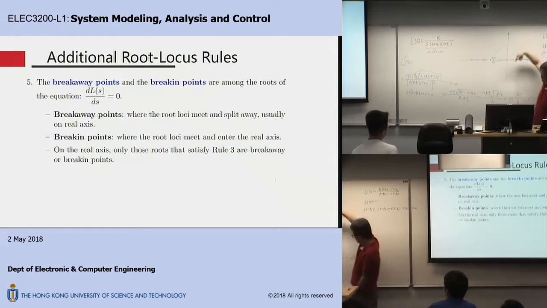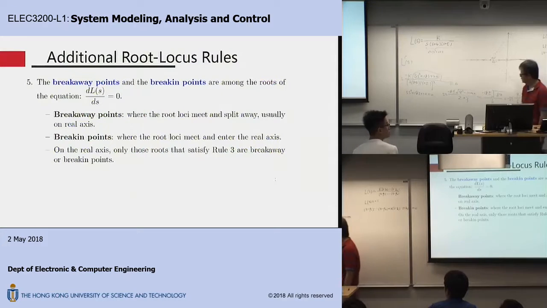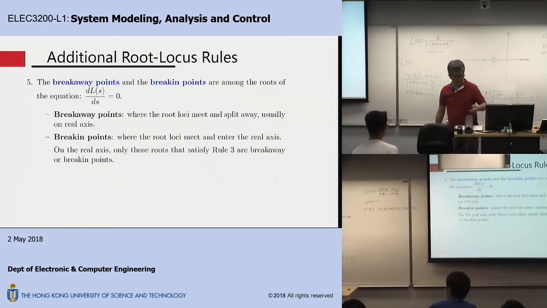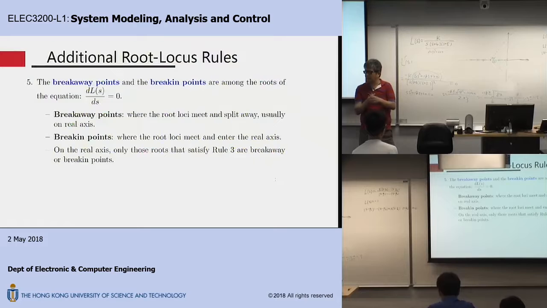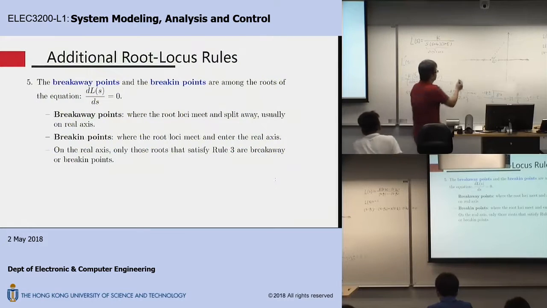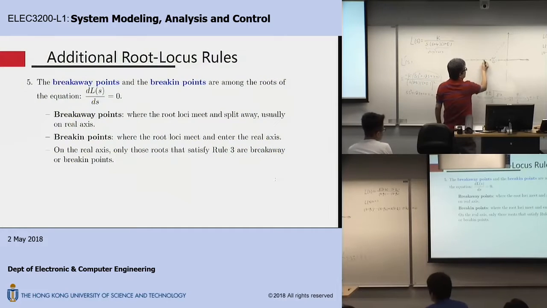One branch goes up, one branch goes down. So finally, I have a rough root locus. You never need to plot exactly. Nowadays, if you really want to plot this exactly, use MATLAB. MATLAB is going to give you the exact plot. In this hand computation, we just get the rough values.